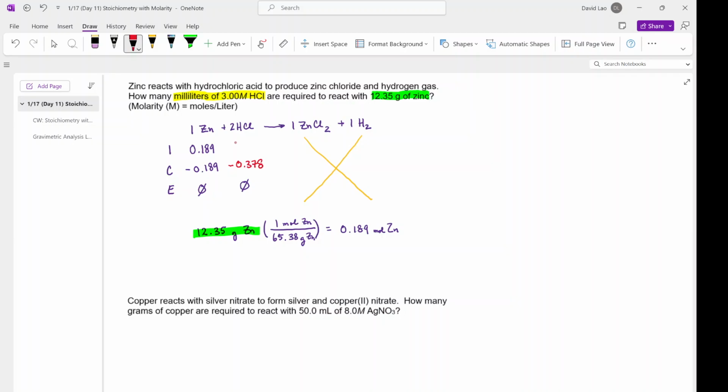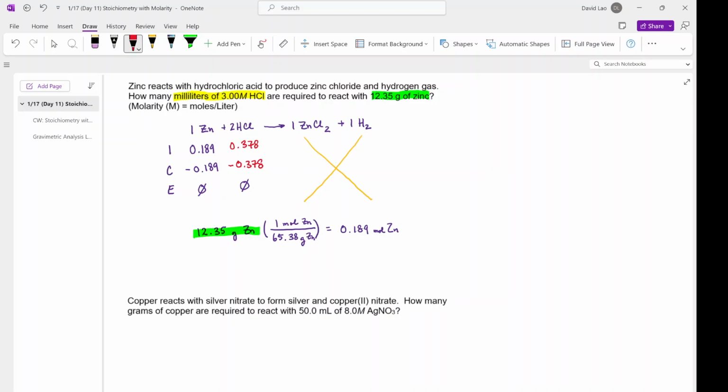We knew that the end amount is 0, so this must be 0.378 moles of HCl. We do need to figure out the number of moles of HCl, but that's not the answer to the problem. The problem is asking for the volume of some solution that we need to pour out.